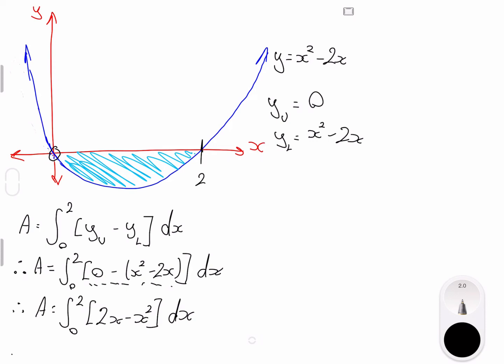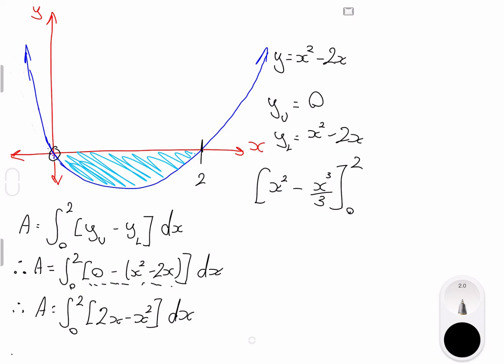Now let's go through and work out our antiderivatives. So, 2x, the antiderivative of that is just going to be x squared, take x to the power of 3 over 3. And we're going to find this between 0 and 2.